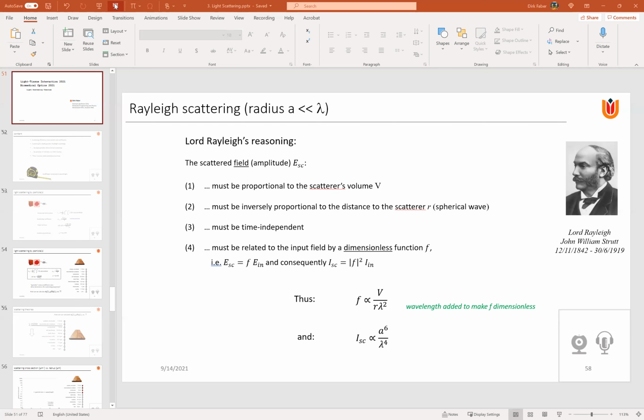He added wavelength, the stroke of brilliance, to make the whole thing dimensionless, and then ended up with a general expression that said that the scattering intensity is proportional to the particle size to the sixth power, and inversely proportional to the wavelength to the fourth power. And these are the hallmark characteristics of Rayleigh scattering. He derived it just by reasoning.